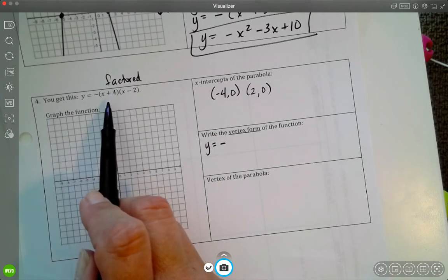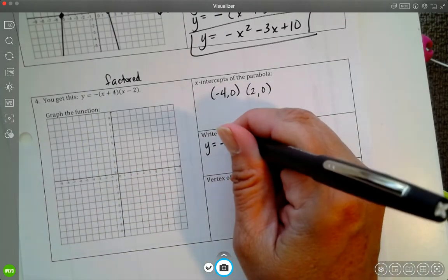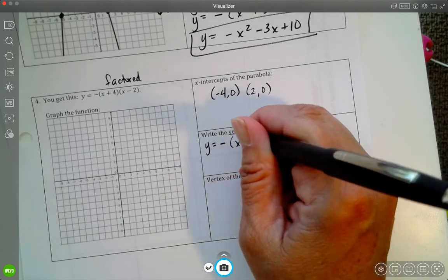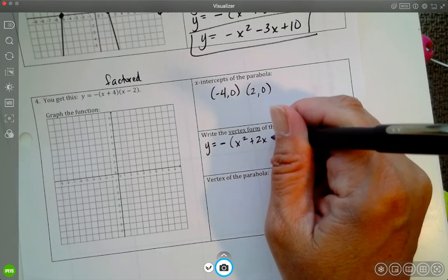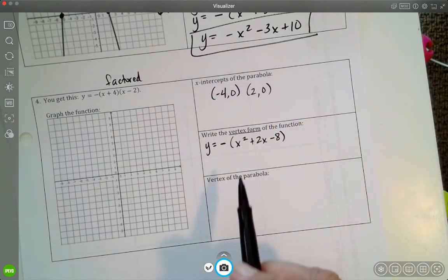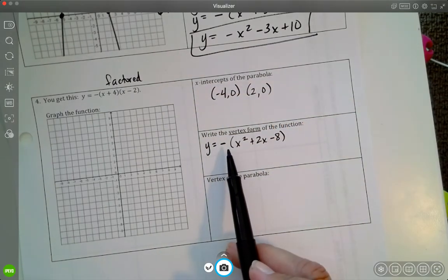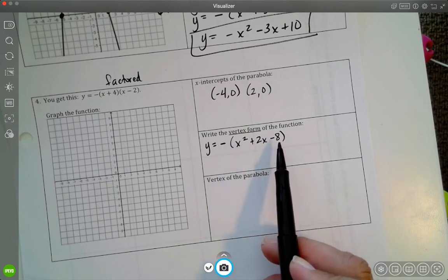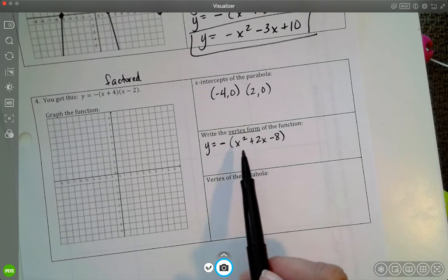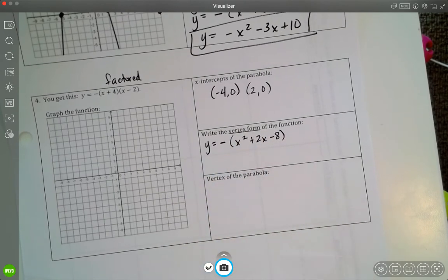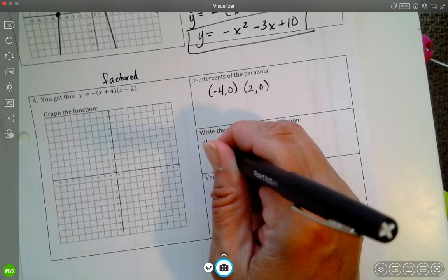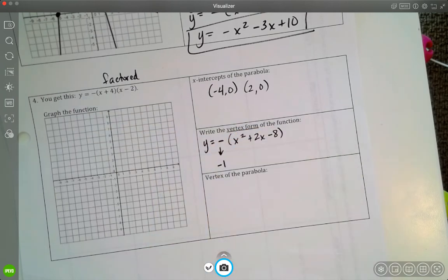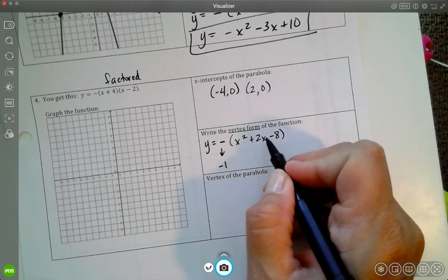So this would be negative, and then x squared plus 4x minus 2x is plus 2x minus 8. Okay, so it's not really in standard form yet because I would have to distribute this. But then for vertex form, I'd have to take it out anyway. Okay, so let's leave this -1 out to the side for a minute. Ignore it. I'm going to go ahead and complete the square with this trinomial.